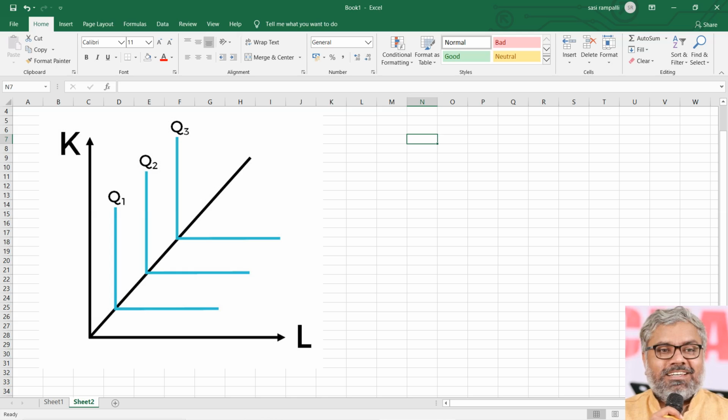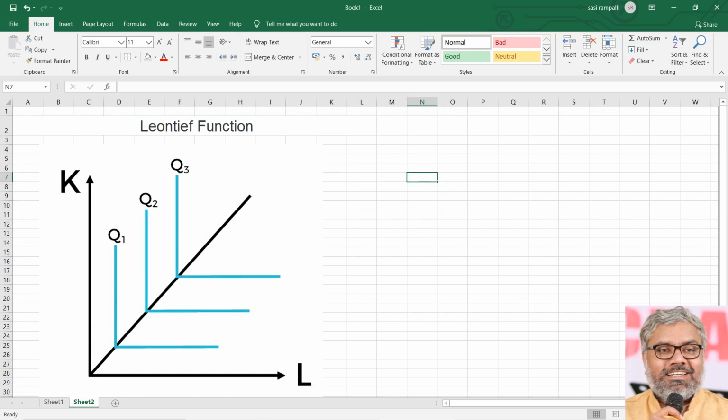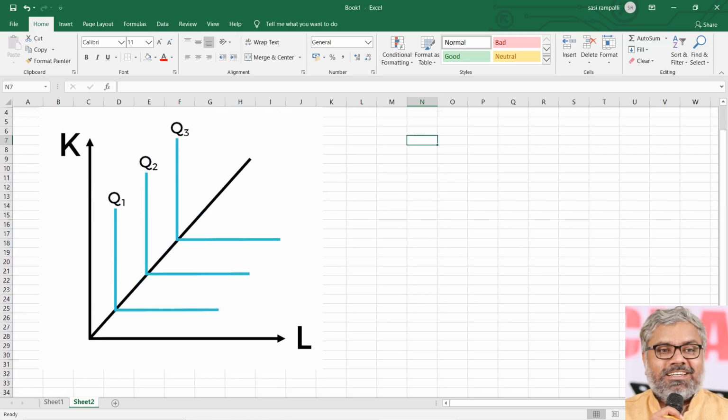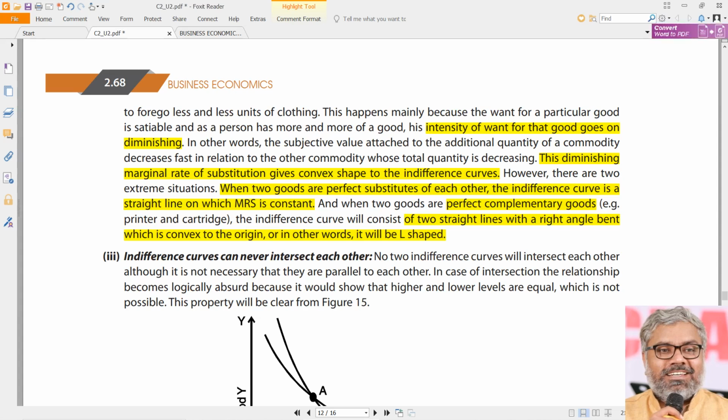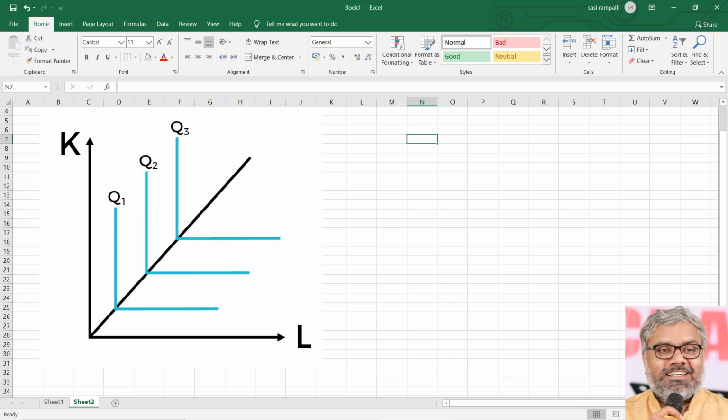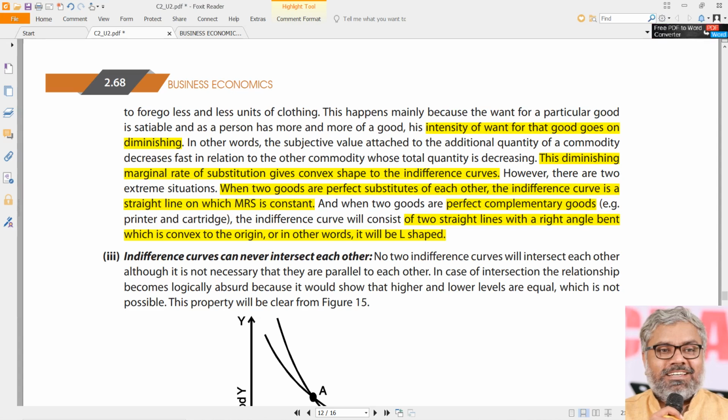Yes, it is formed. Yes, it can be explained with this function, which is beyond our scope. So what we just need to remember and understand here is, if the goods are perfectly complementary, then the indifference curves will be like this, which is L-shaped indifference curves.